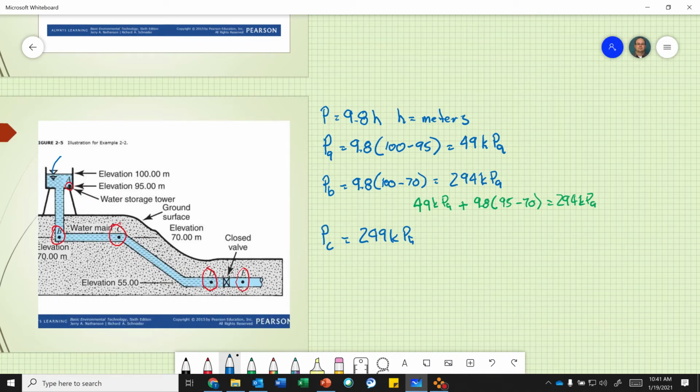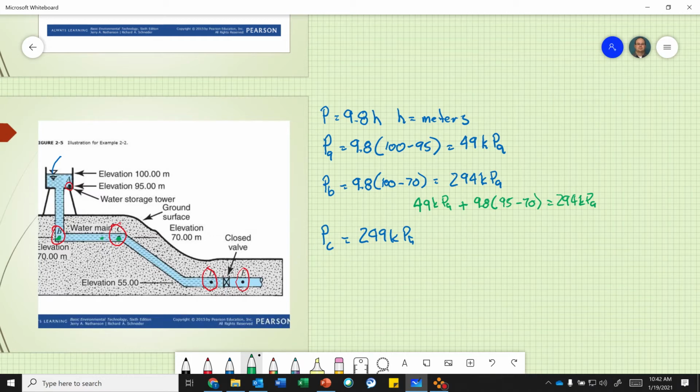Remember what the theory is: whether I'm standing over here, or standing right at point B, or standing at point C, I'm still at the same elevation below the water surface because it is a continual medium. It does not matter that I'm not directly under the column of water. The pressure is still going to be the same.